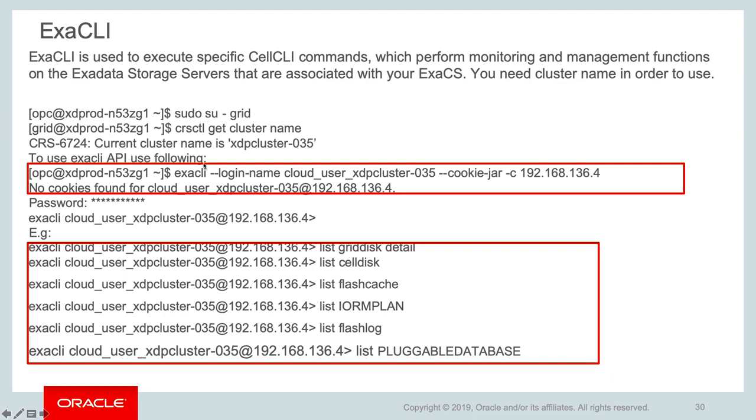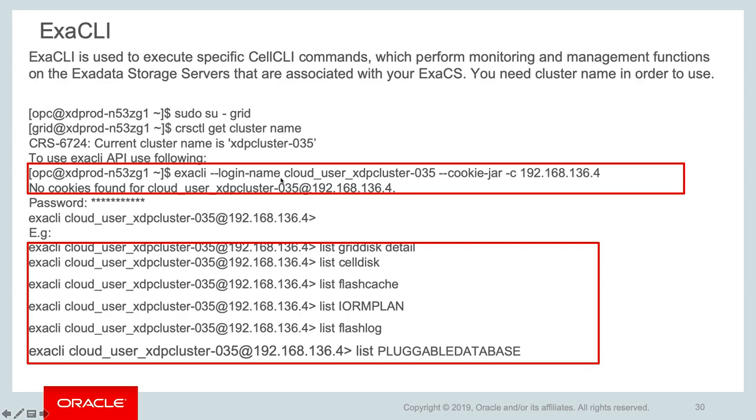Then the command to get the cluster name is crsctl get cluster name. So it will tell you what your current cluster name is, and in my case it's xdb cluster 035. So once you have this cluster information available, you can next use the exacli command, and the syntax is like exacli. You need to provide the login name, and the login name will take an argument like the cluster name you have got.